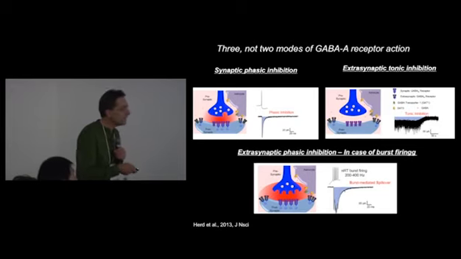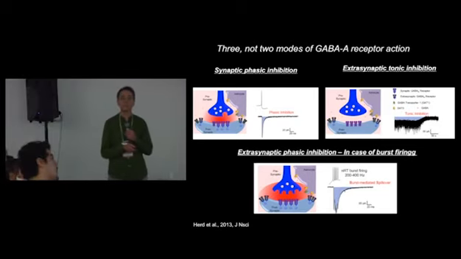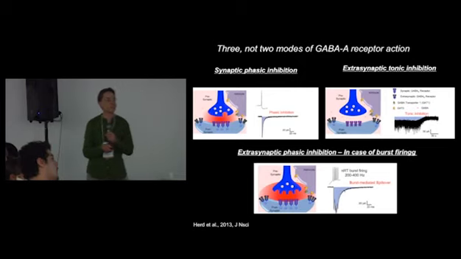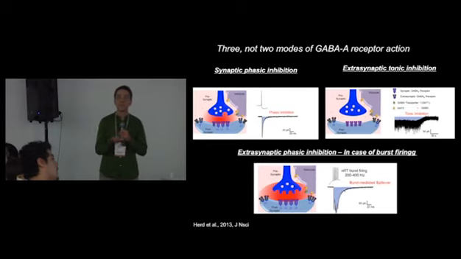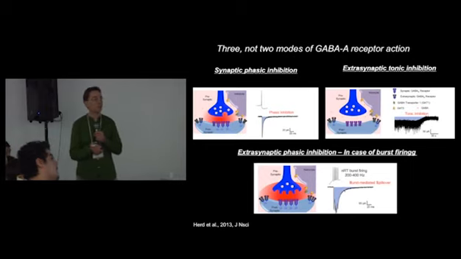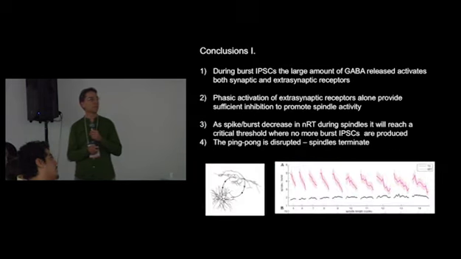And of course, this mechanism is apparently utilized for TC cells, and it is important for them to generate the rebound burst, which would start the next cycle of the oscillation.